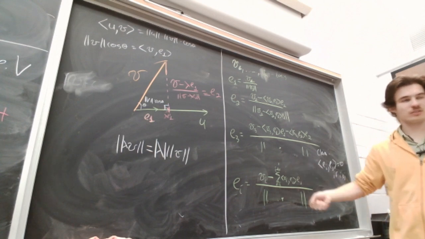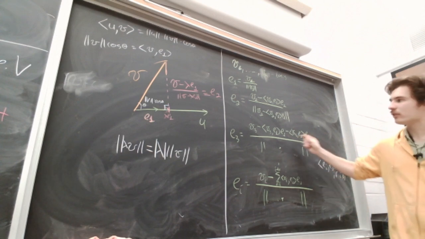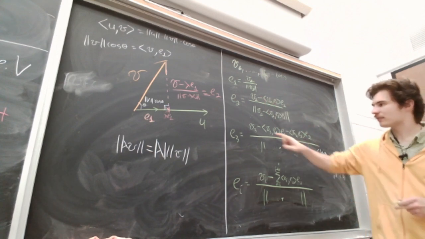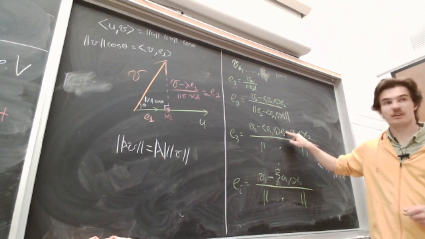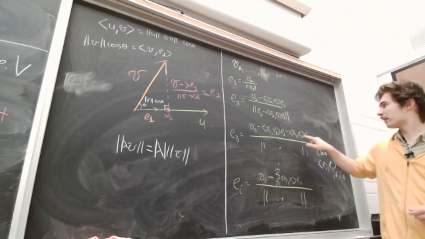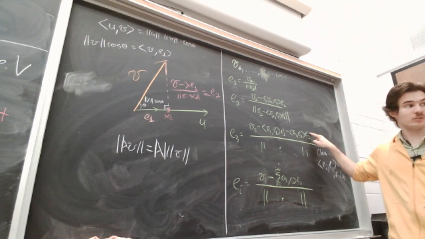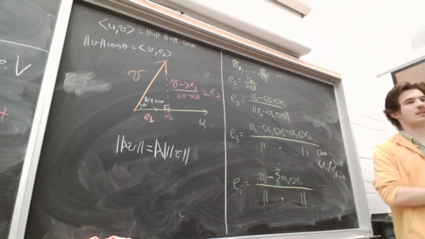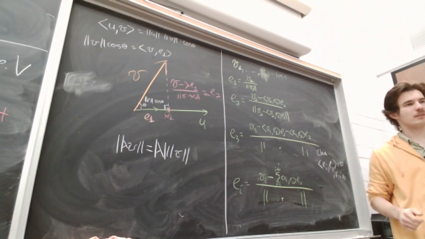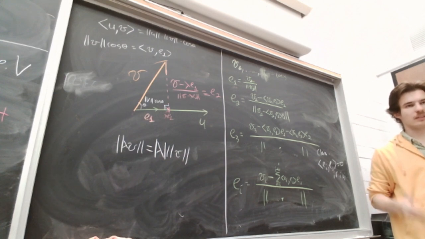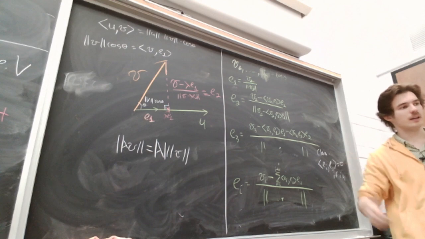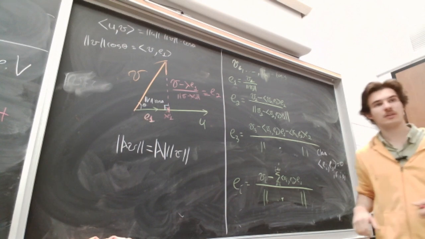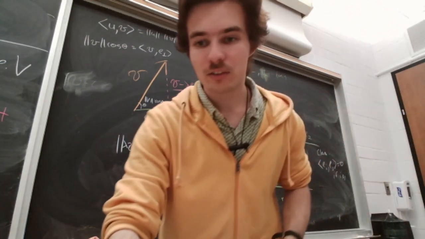But as long as you see the geometric picture: you're taking a vector and subtracting off everything parallel to the direction e1, and everything parallel to the direction e2, and you're left with something perpendicular to e1 and e2. Does that make sense?